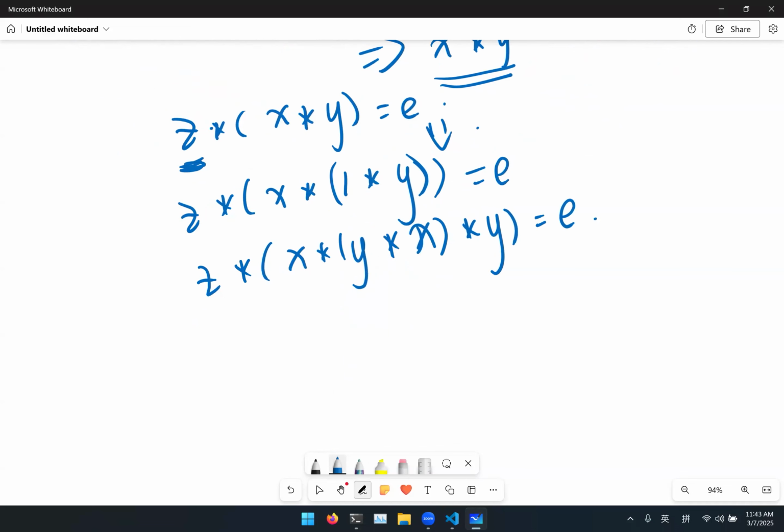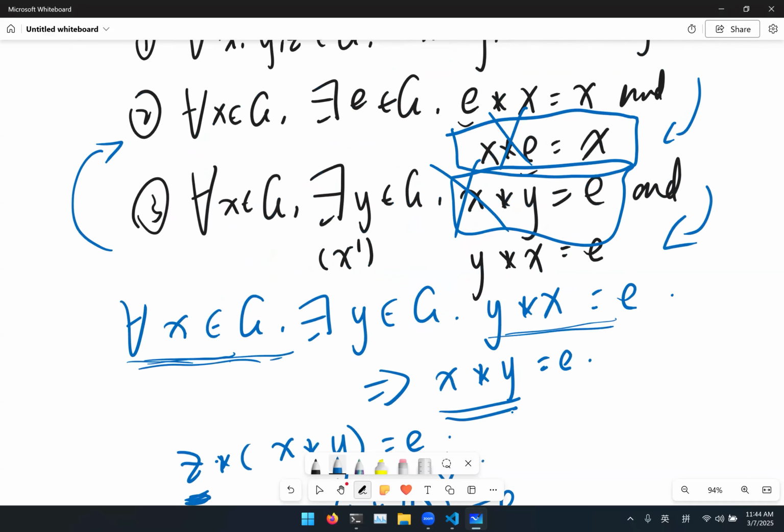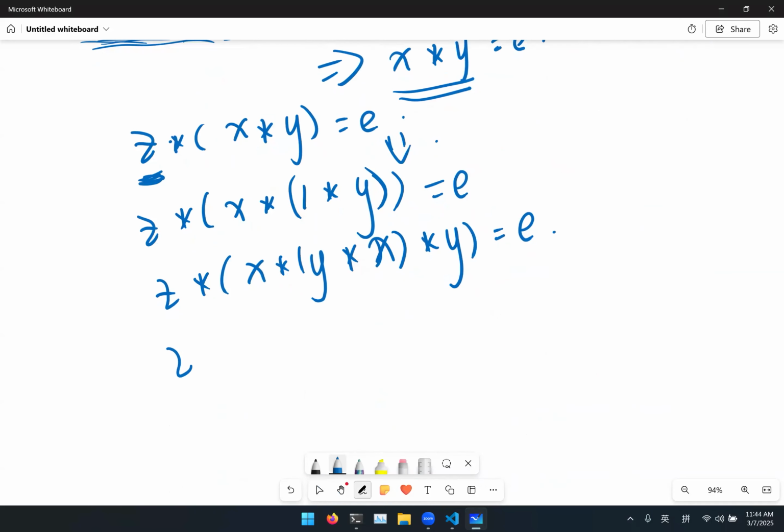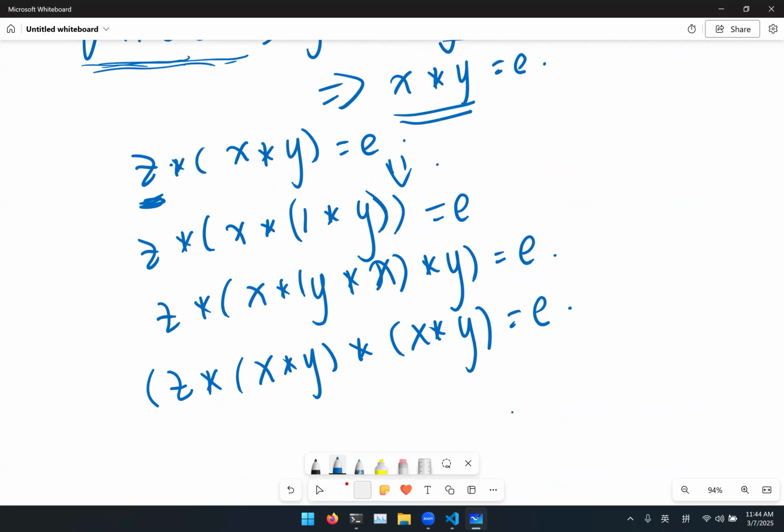And then we find that we can just repeatedly use the associativity of this multiplication, which is guaranteed by the first axiom. So now we can just rearrange the brackets. We'll have this y equals e. And in the first case, we already have z multiply x multiply y equals e.